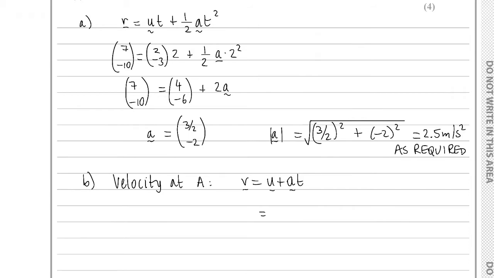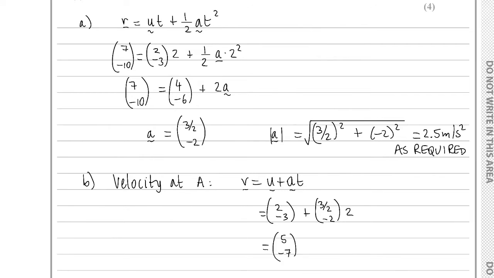The initial velocity was 2 minus 3. The acceleration is 3 over 2 minus 2. We know that the time to get to A was 2 seconds, and this is giving a result of 5 minus 7.